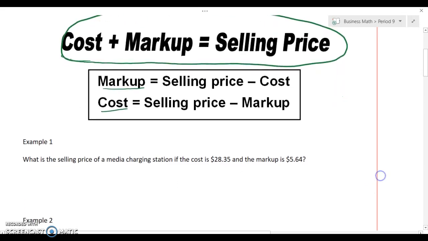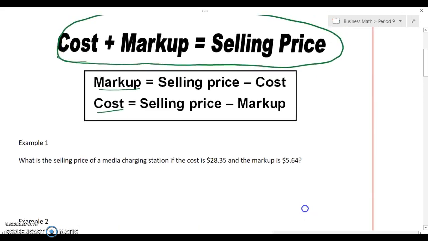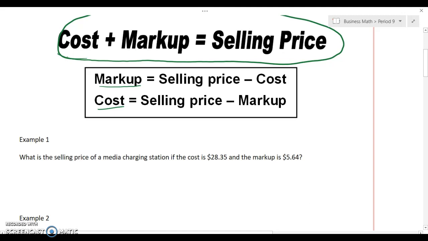So let's try the first one. Example 1. What is the selling price of a media charging station if the cost is $28.35 and the markup is $5.64? If you look up here, here's your formula for selling price. It says selling price equals cost plus markup. So when we write it, I'm just going to use the letters.